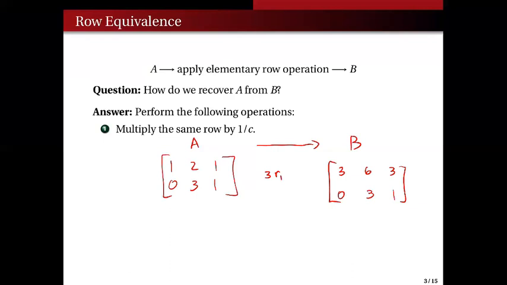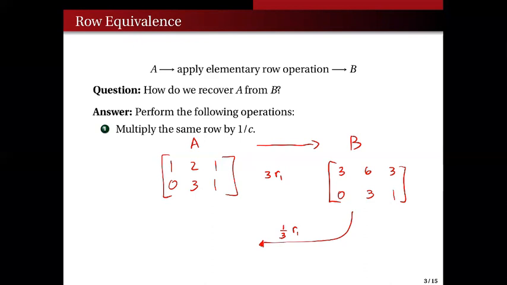Suppose we have this matrix B and we want to recover matrix A. According to this, we multiply the same row, row 1, by 1 over C. Our C earlier was 3, so this time we multiply by 1 over 3.